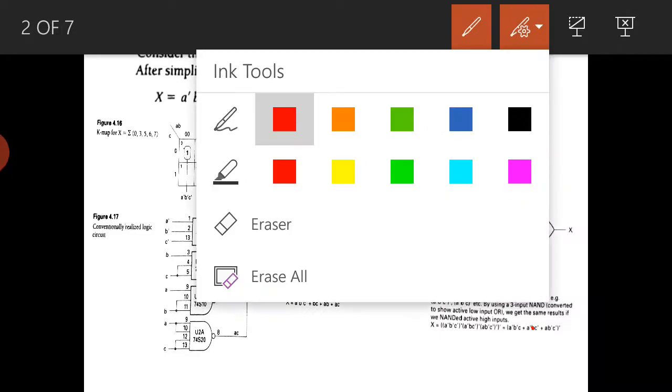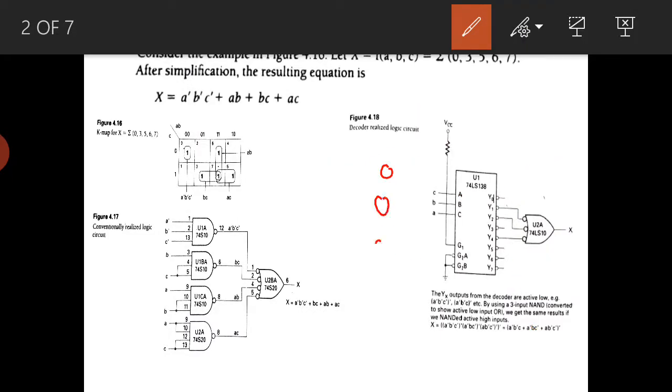If you see the OR gate connected here, Y1 will be 1, Y2 will be 1, and even Y4 will be 1. If all are 1, then at the input of the OR gate all are 0. If all are 0 to the OR gate, the output will be 0.